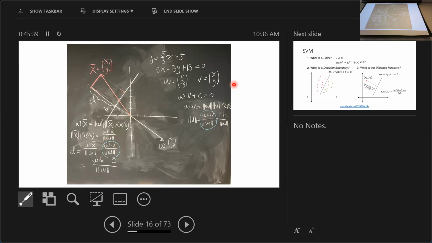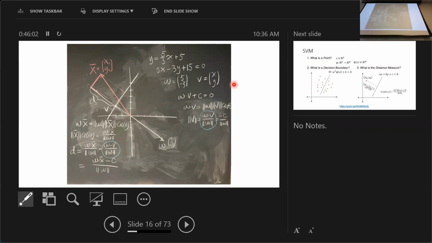This relationship contains C and W, the parameters that define your line. And once you have defined the line and this special point here, the length of this is known. Now we have our data.